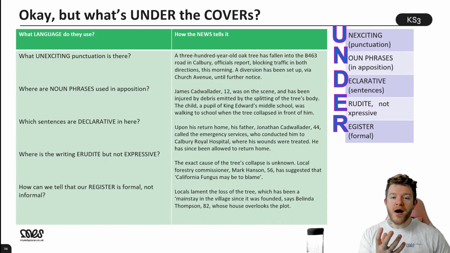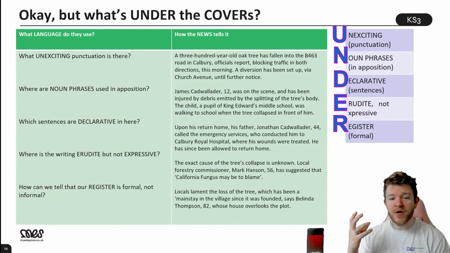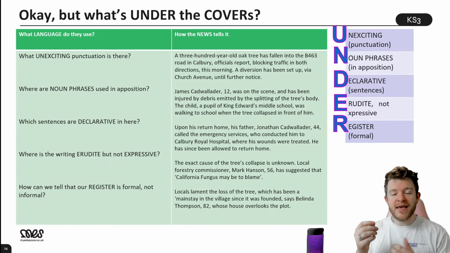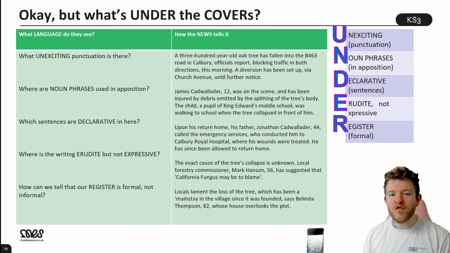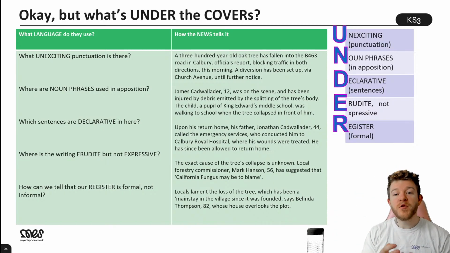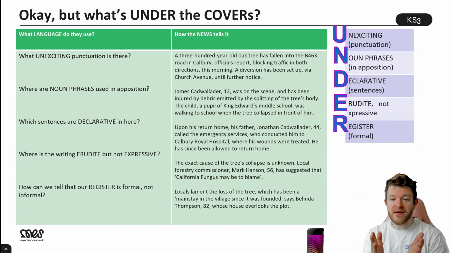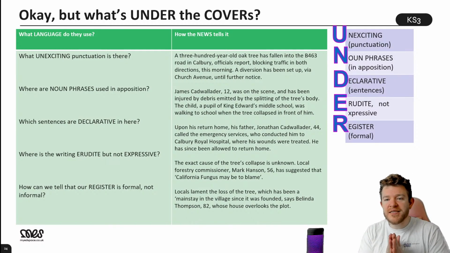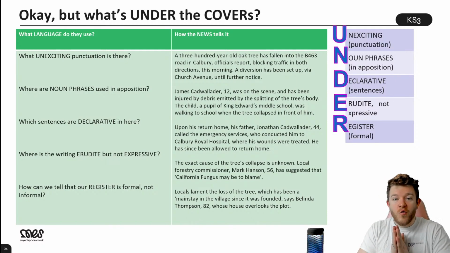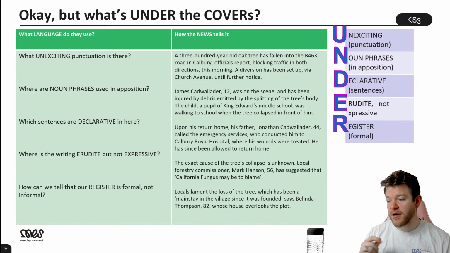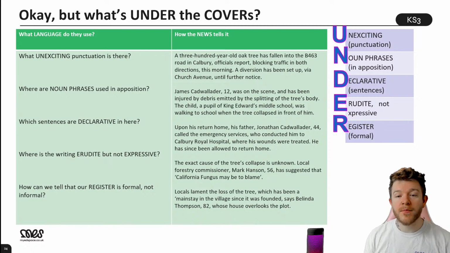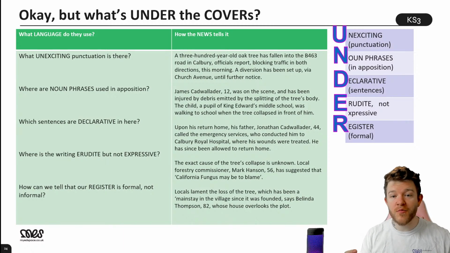So before I give away the game, does anybody already arrive today with the expertise that can tell me, for example, what noun phrases in apposition are? You might have heard them called appositives in school. Who wants to tell me what a noun phrase in apposition might be? And if you're struggling, I'm going to show you the examples of where it happens in text.